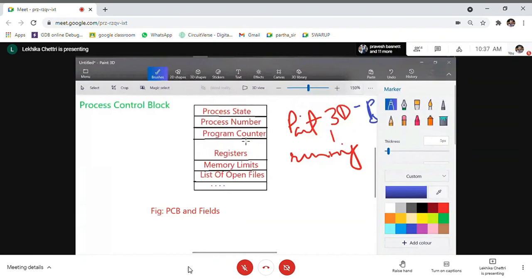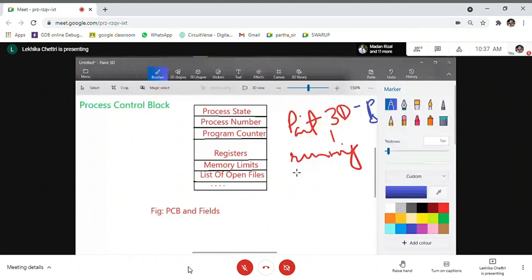in your program counter. The counter indicates the address of the next instruction to be executed for that same process. It shows that. And always remember that every time we exit or re-enter that same process, that address has to be updated.